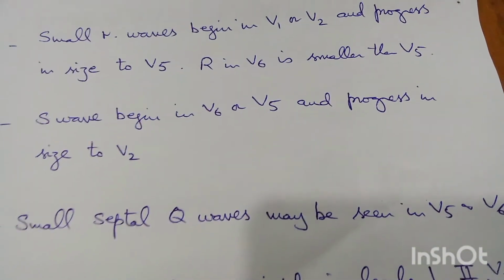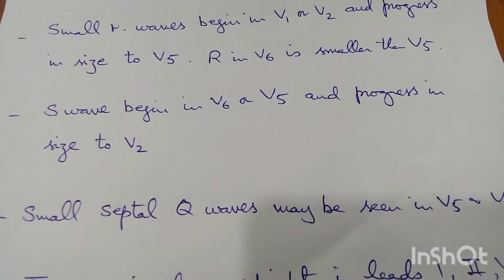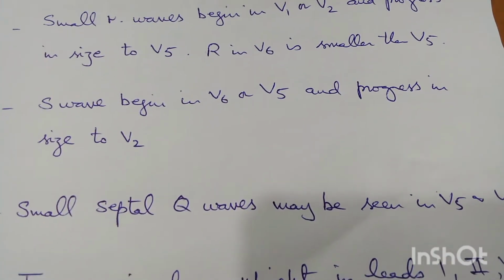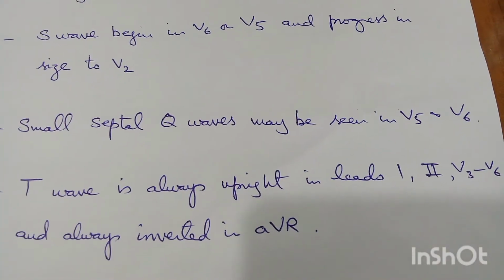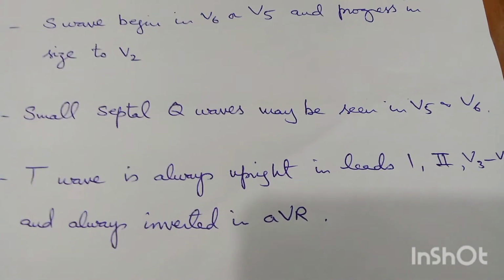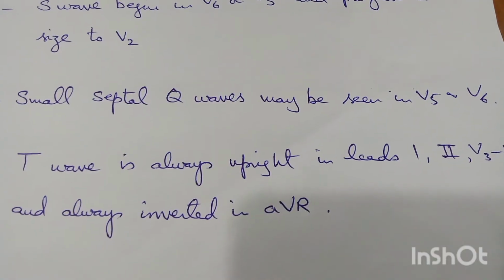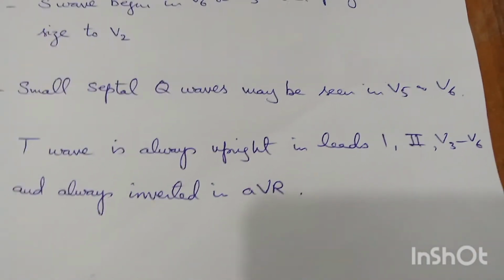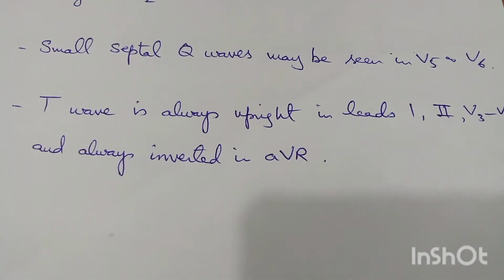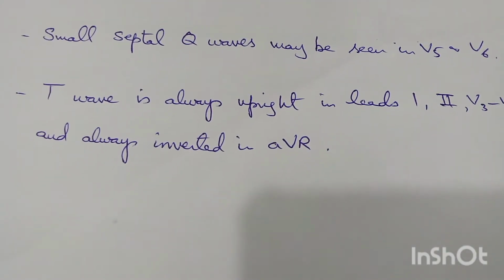On the other hand, S wave progresses from V5 to V1. Normally, Q waves may be seen in lead V5 and V6. These are chest leads or precordial leads.